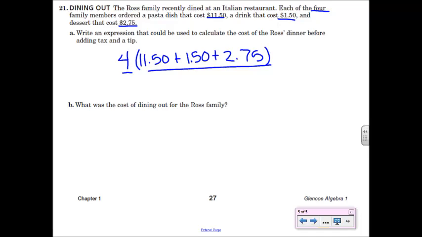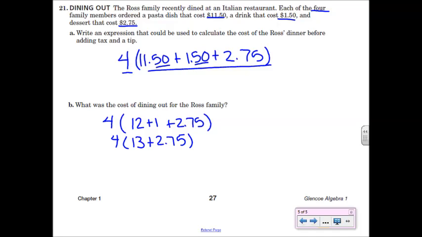Well, I'm going to do some adding in the parentheses before the multiplication. So $11.50 and $1.50. Well, if I bring the 50 cents over together, then $11.50 and 50 cents is 12, plus 1. And then 12 plus 1 is 13. $13 plus $2.75 makes $15.75.